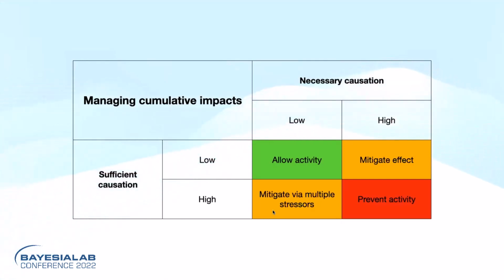So in this case, we essentially have to address multiple pathways if we want to prevent that outcome from occurring. Like I said, it's still very much a work in progress, and I'm still working my way through it. But I think that's where I'm going to stop at this point.